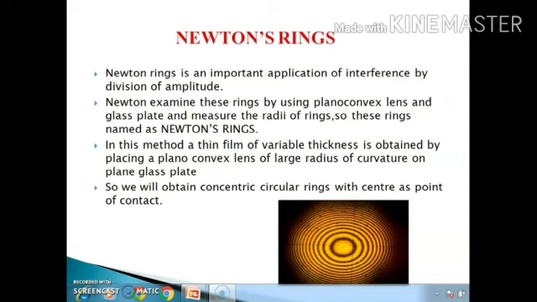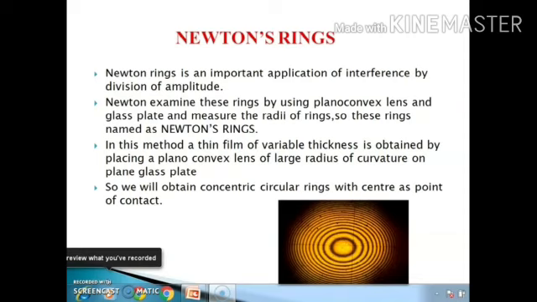In this method, we obtain a very thin film of variable thickness by using a plano-convex lens of large radius of curvature and a plain glass plate. By doing this, we obtain concentric circular rings with the center as the point of contact. As you can see in the figure below, you will get exactly the same rings while doing the experiment.